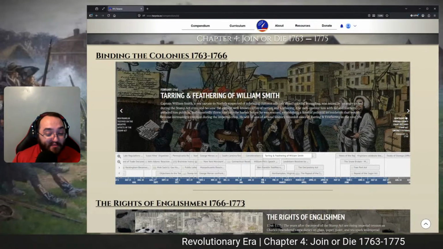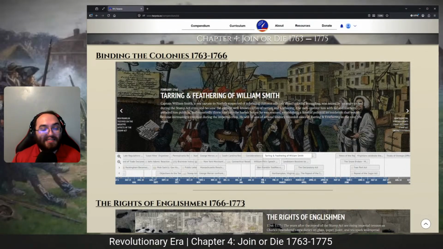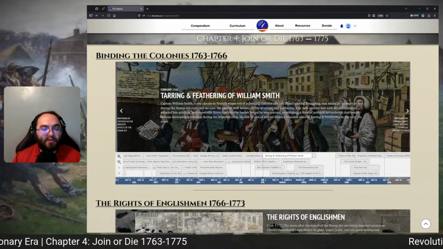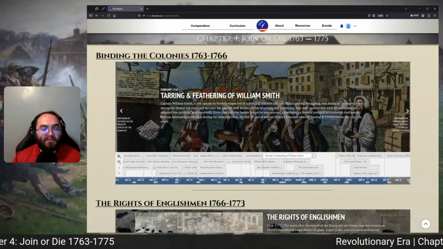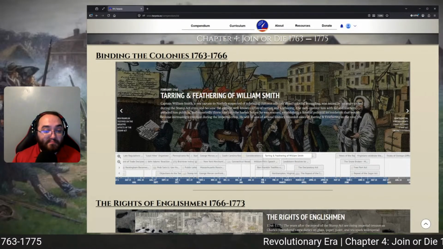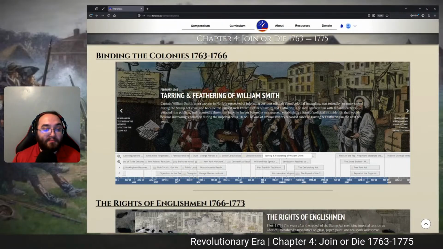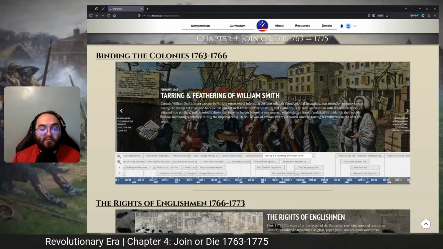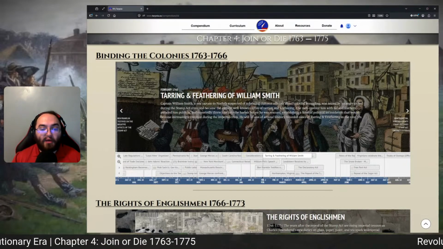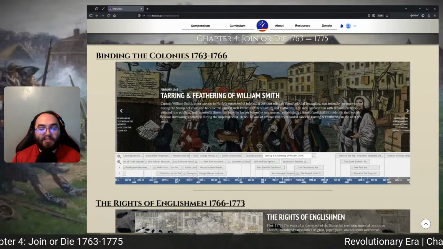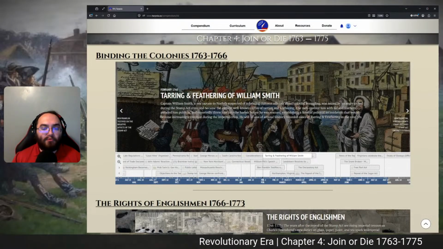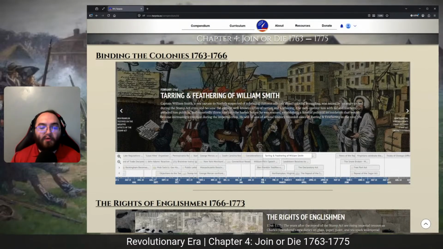Here's an infamous event. This is one of the first instances of tarring and feathering of a tax collector. And so, well, there's actually a Captain William Smith, a sea captain in Norfolk, suspected of informing customs officials about colonial smuggling, was seized by an angry crowd during the Stamp Act crisis and became the earliest well-known victim of tarring and feathering.